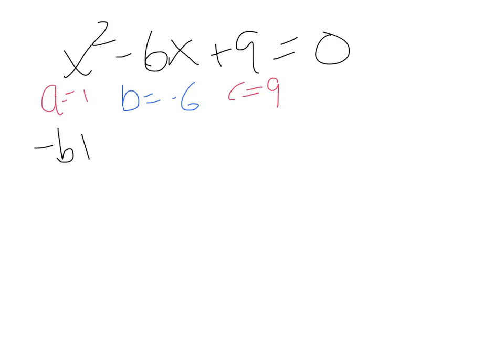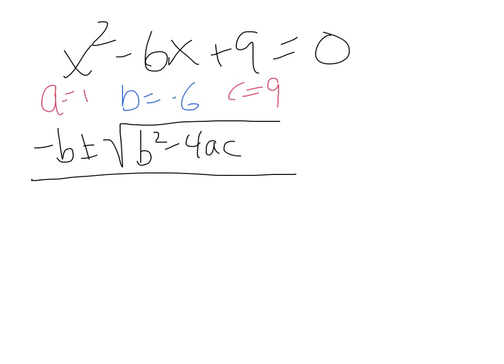So then we take the equation. Negative B plus or minus the square root B squared minus 4AC. That whole thing divided by 2 times A. Okay? And then we plug in. So we put in a negative 6 for B. So you're going to be negative, and then you put in the negative 6.